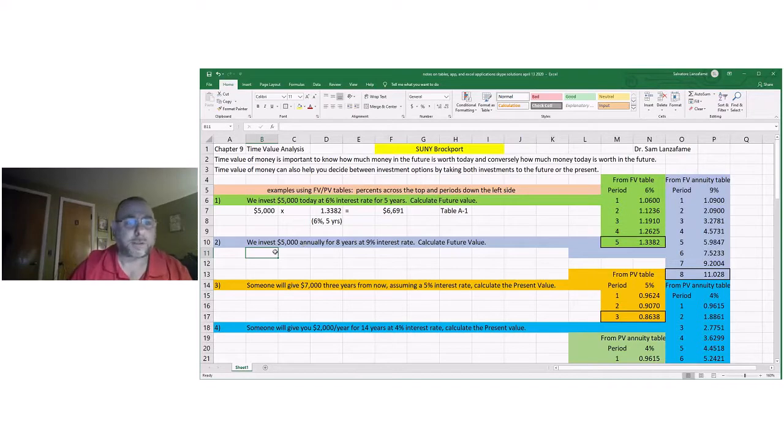So again, we're going to start off with the $5,000. And we're going to be multiplying that by a factor. And that factor, so notice the purple here, we have to go to table number 2, table A2.